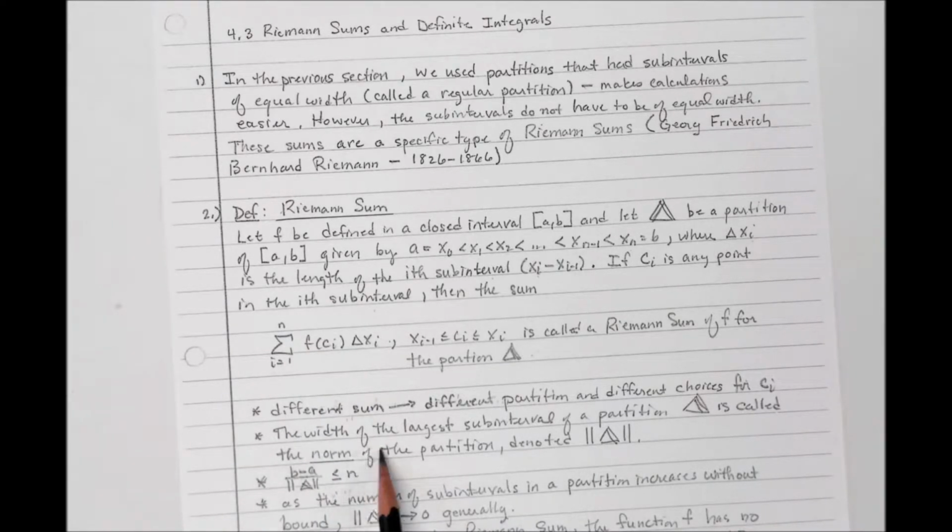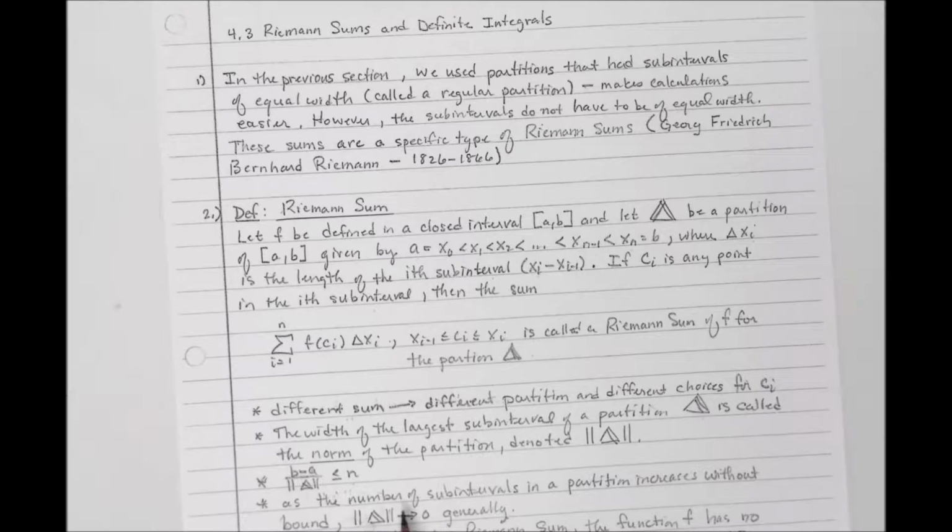The width of the largest subinterval in the partition is called the norm of the partition, and we have double absolute value bars around it. If you take the length of the interval b minus a and divide it by the largest of the subintervals, then this has to be less than or equal to n.